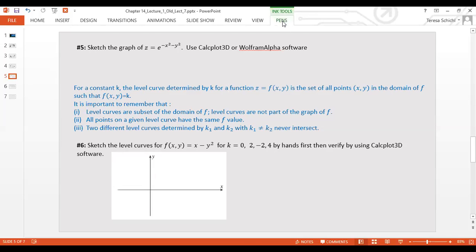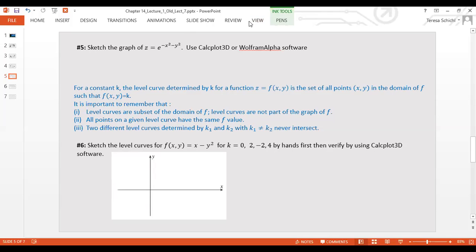What does this function look like? Of course, there are many different software options available. Here you can use CalcPlot3D or Wolfram Alpha. If you have more advanced software, you can use it, but here we don't need anything too advanced. We just want to see what this graph looks like.